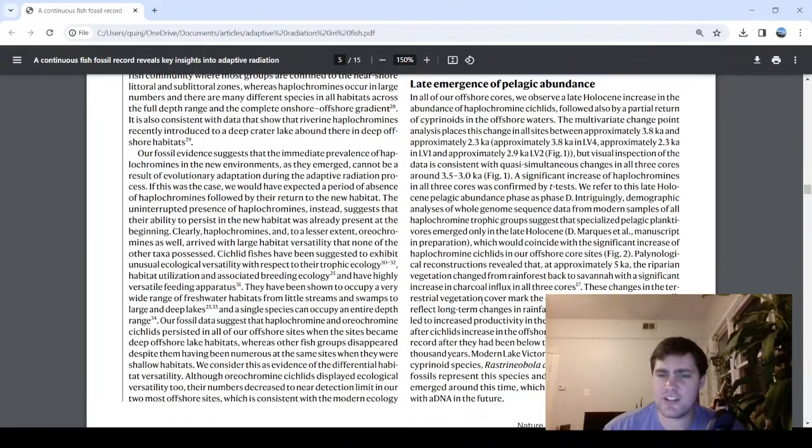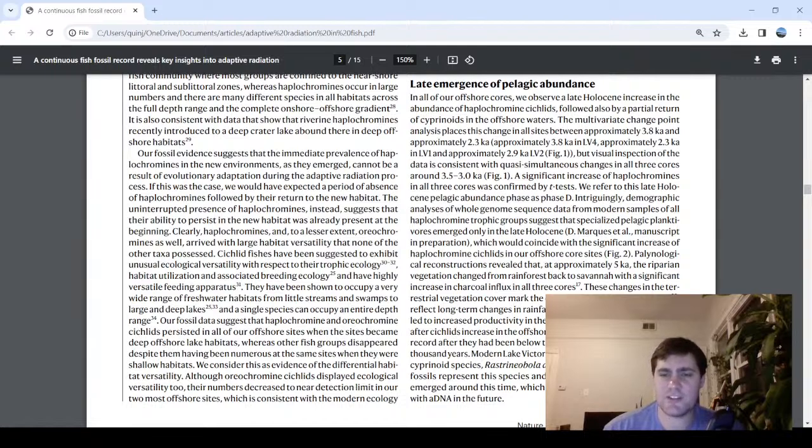These changes in terrestrial vegetation cover mark the end of the African humid period, reflect long-term changes in rainfall and wind patterns, and may have led to increased productivity in the lake. It is noteworthy that shortly after the cichlids increase in offshore cores, cyprinoids reappear in the record after they had been below the detection threshold for several thousand years.